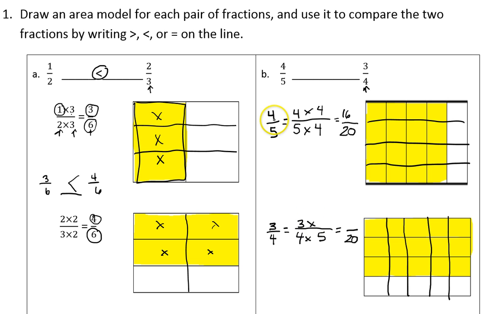And instead of having 3 pieces that were shaded, we multiplied that amount by 5 as well. Now I have 15 pieces that are shaded. This means I'm now comparing the fractions 16/20ths and 15/20ths. 16 is more than 15, so 16/20ths is more than 15/20ths, which means 4/5 is greater than 3/4.